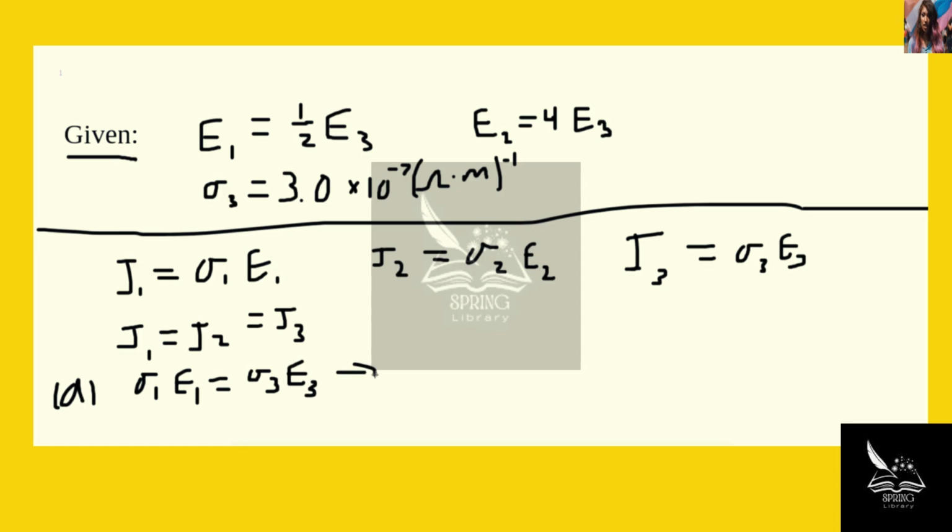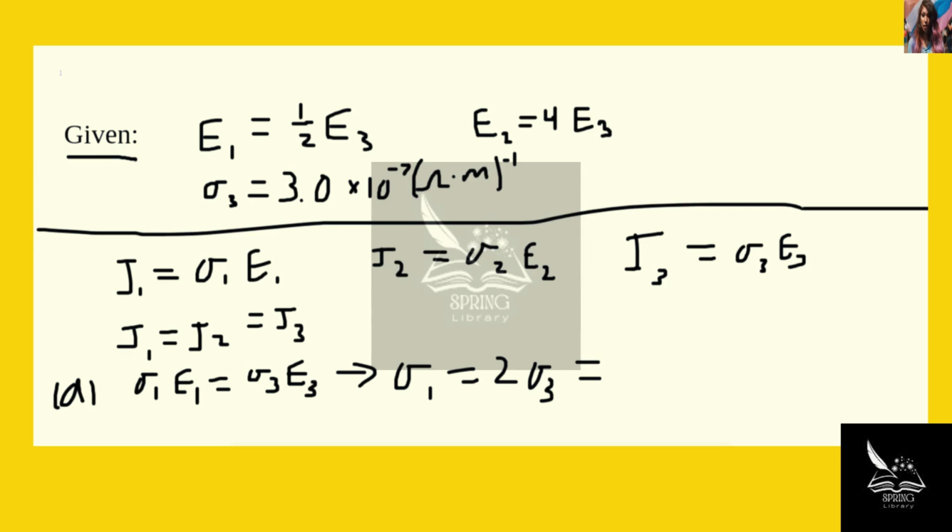So for part A, we have sigma 1 E1 is equal to sigma 3 E3. Okay, so we just plug in the value for E1. So sigma 1 is equal to 2 times sigma 3. Sigma 3 is 3 times 10 to the 7.